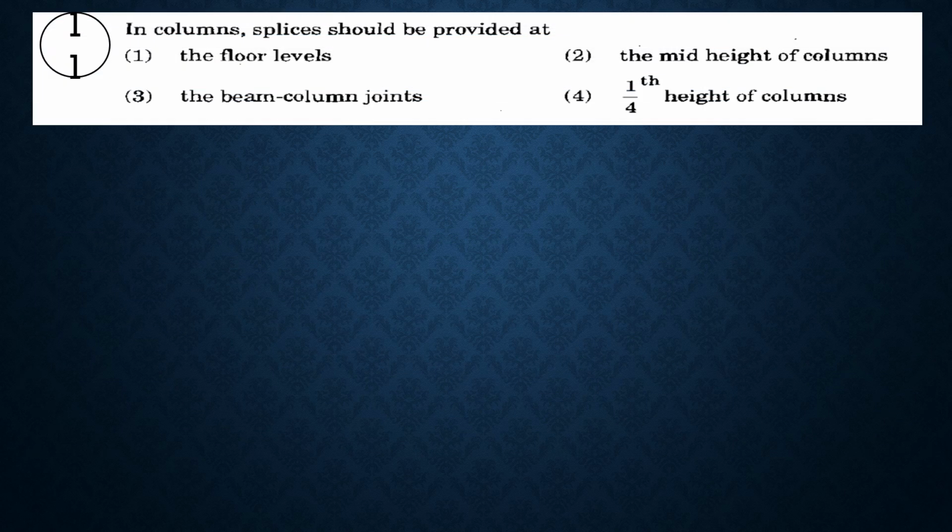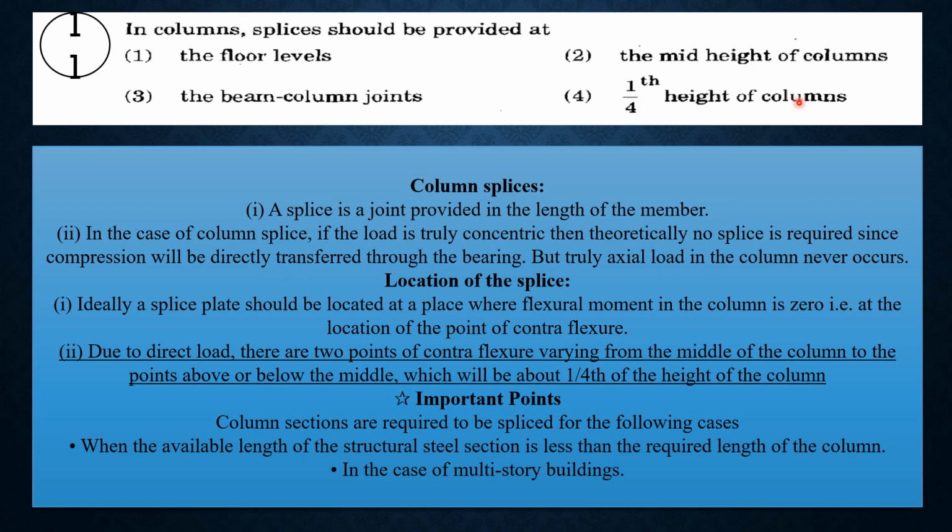Then question number 11: in columns, splices should be provided at 1/4th of the height of the column. The location of splices is determined as follows: due to direct load there are 2 points of contraflexure.